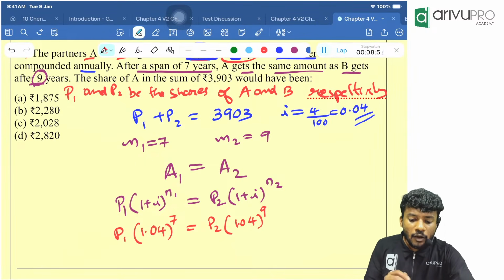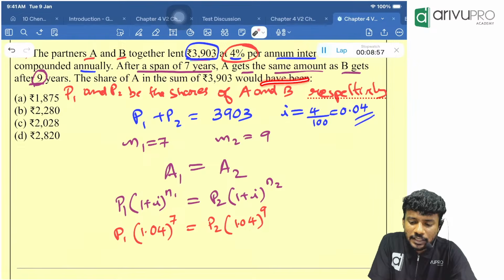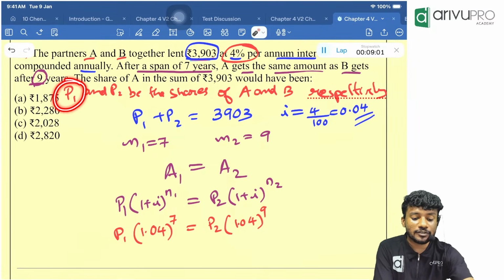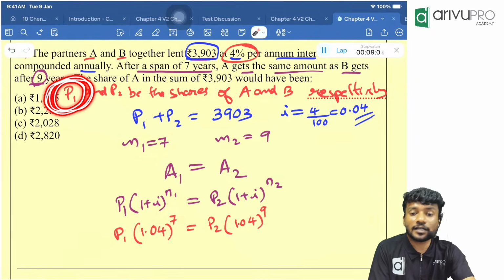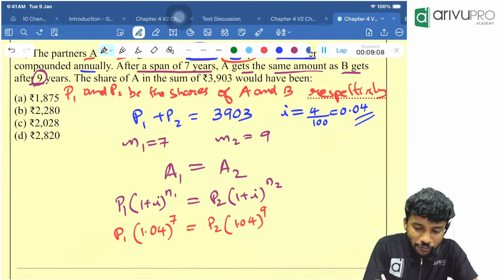Then what are they asking in the question? Share of A in the sum 3903 would be how much? They are asking us to find the value of P1. Now I can do something over here.